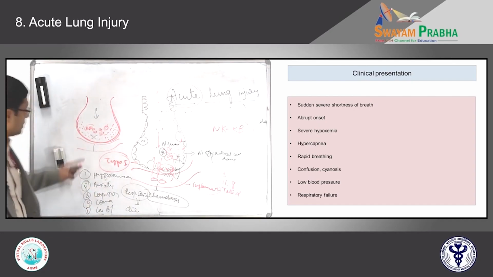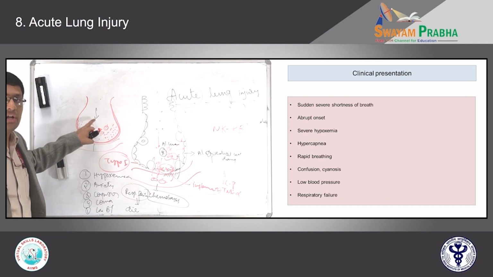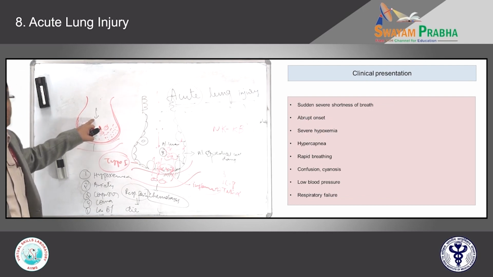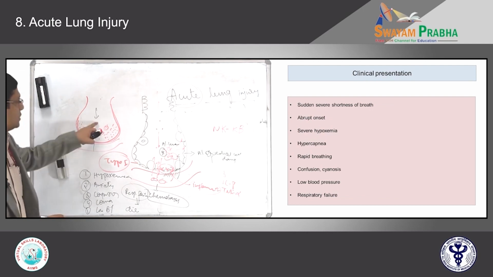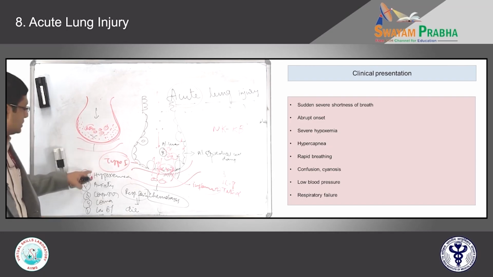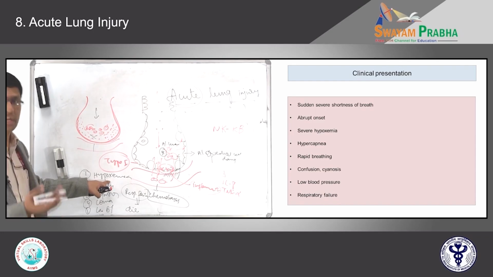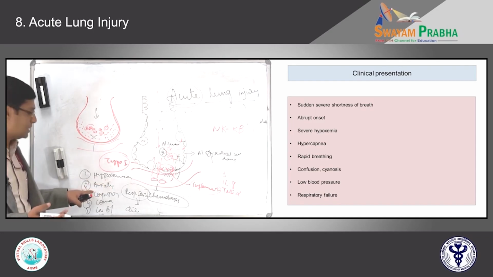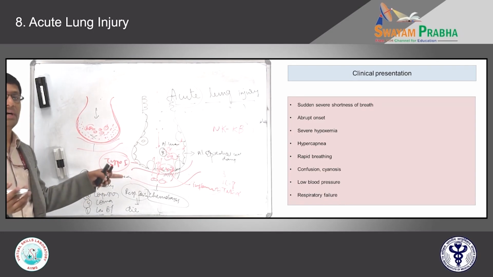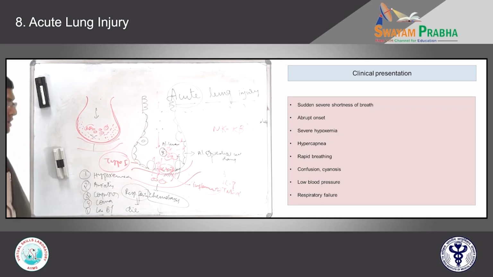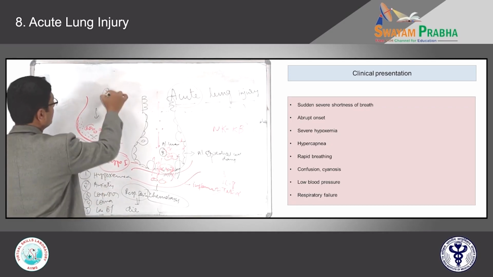So I repeat, in a classical case of acute respiratory distress syndrome, there will be impairment in the diffusion of gases leading to severe hypoxemia. The clinical signs and symptoms will be related to hypoxemia. And finally, when oxygen delivery to the organs is low, the patient may present with multi-organ failure also.